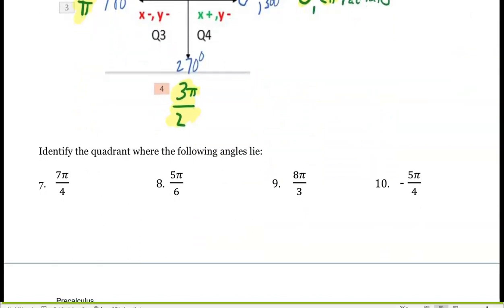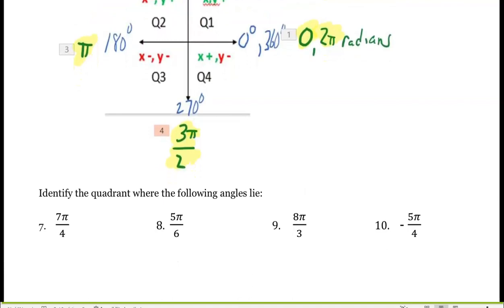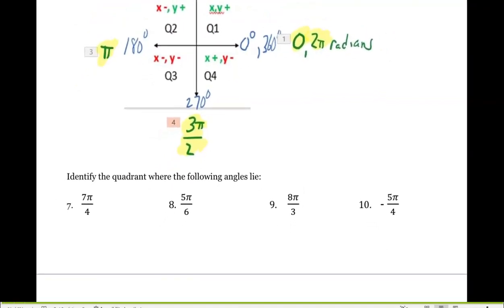Now we have to figure out what quadrant this angle lies in. So 7 pi over 4. What can we do with that? It's in fourths, so let's see if we can figure out the coterminal angle. I want to be between 0 and 2 pi.